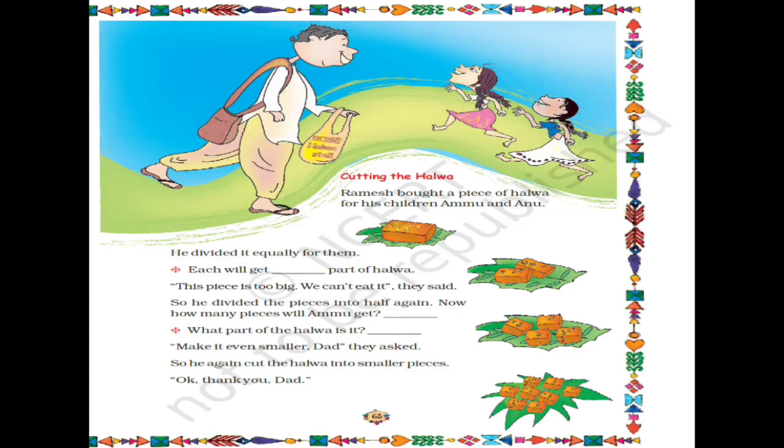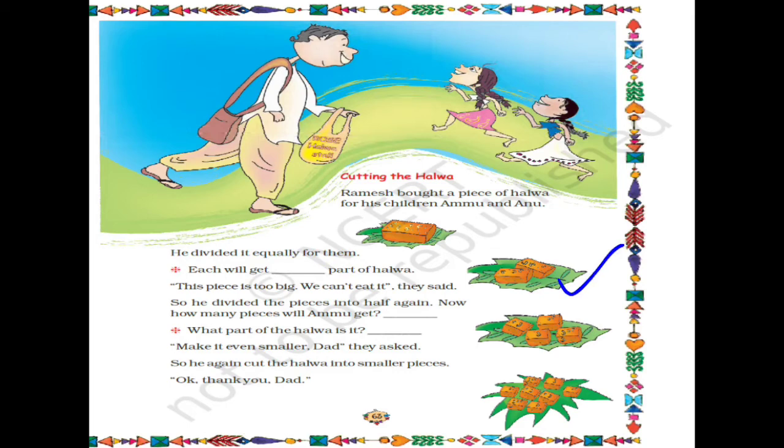So here is one piece of halwa, and to give it to them equally, he divided it into equal parts. So here it is given how many parts there are. There are 2 parts. So each will get blank part of the halwa. How many parts of the halwa will each of them get? They will get 1 by 2 part of halwa. So in the first blank you will write 1 by 2 part of halwa.